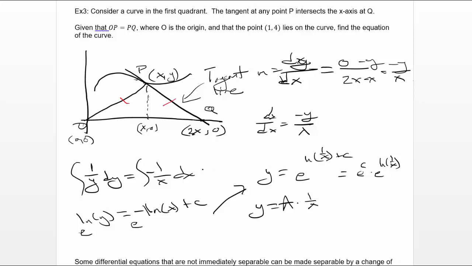So I'm going to plug in 1, 4 to find a, and then I'll be done with this example. So y is 4, x is 1, a, what do you know, is 4. So the particular solution for a curve of this type, where the distance from the origin to the point is the same as the distance from the point of tangency to the x-axis, is the following: y equals 4 over x.